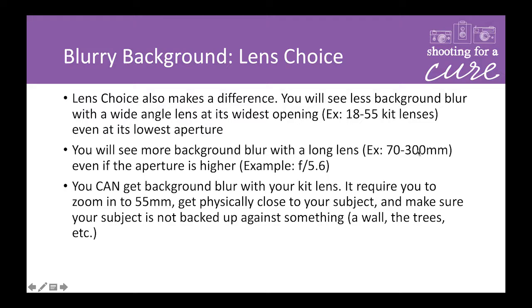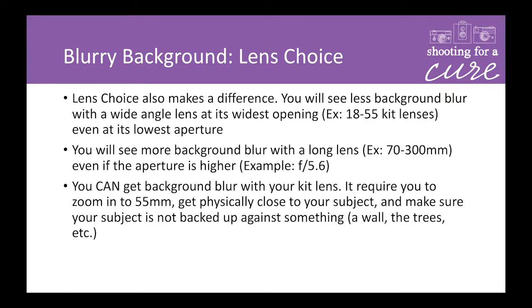Even if your aperture is at 5.6, which isn't super low, at 300 you're going to get a lot of background blur. And then with your kit lens, your 18 to 55, some people say you can't get blur with your kit lens, but you can. You just need to remember the principles that we talked about, okay? First of all, you need to zoom in to 55, and then you need to get physically close to your subject, because 55 doesn't zoom very far, so you don't want to be standing far away from your subject.